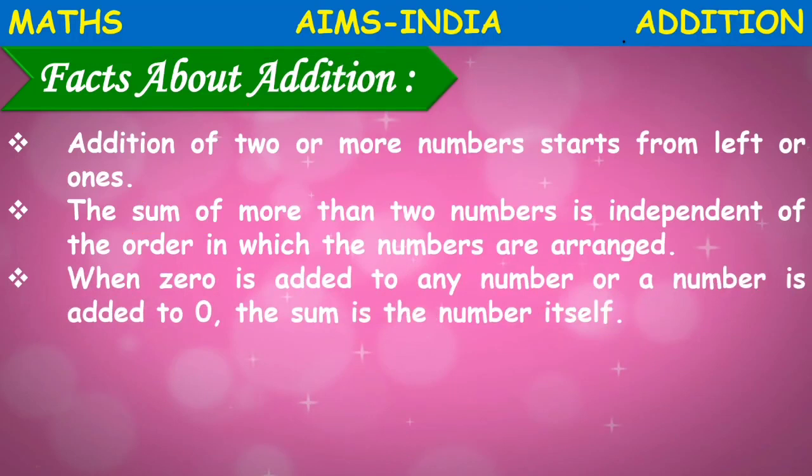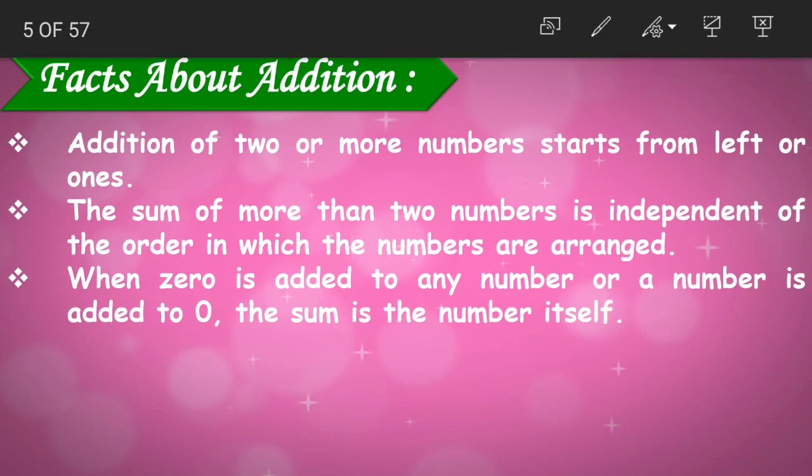When 0 is added to any number or a number is added to 0, the sum is the number itself. Like for example, if you have 0 chocolates, and then I give you, let us say, 5 chocolates. You had 0. 0 means nothing. Yes children, 0 means nothing. You had no chocolates and then I gave you 5 chocolates. Now how many chocolates will you be having? Think.